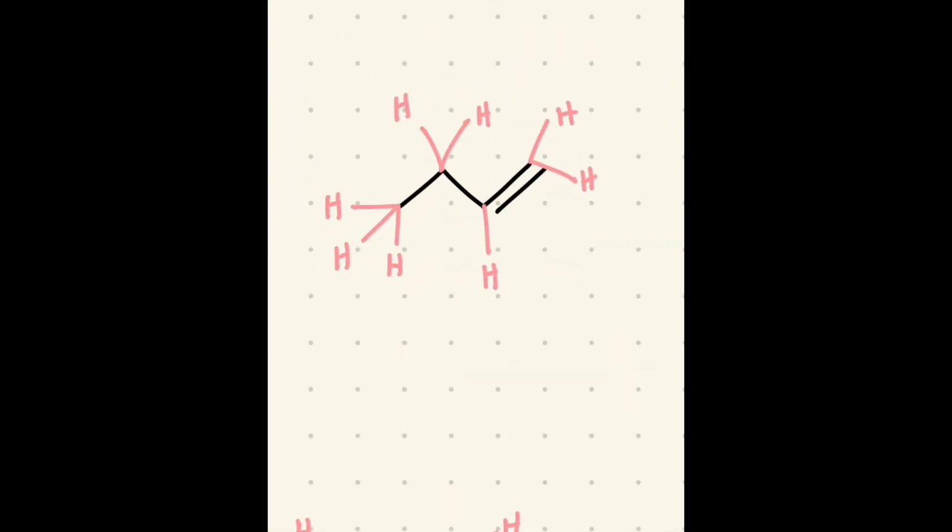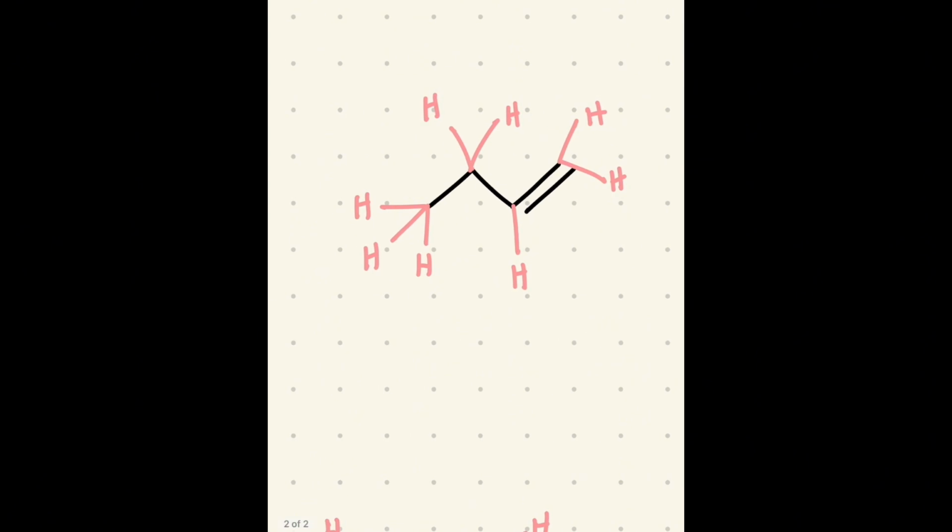Let's move on to this alkene. Do we see any double or triple bonds? Yes, we have a double bond. But how many pi bonds are in a double bond? Let's simplify this. So we have a double bond, and we also have triple bonds. In a double bond, the first bond right here is a sigma bond.